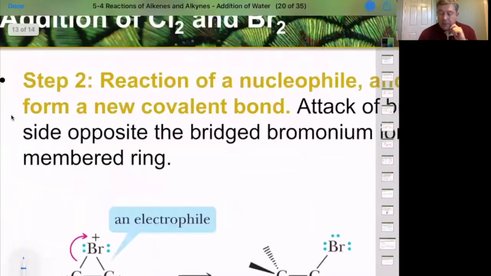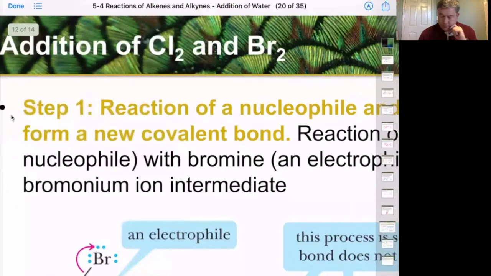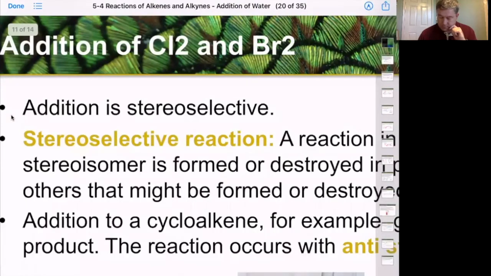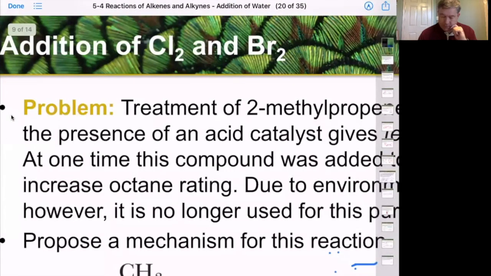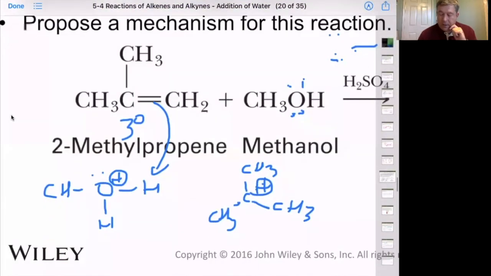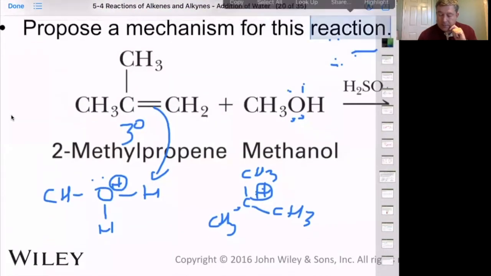So now methanol can act as our Lewis base.